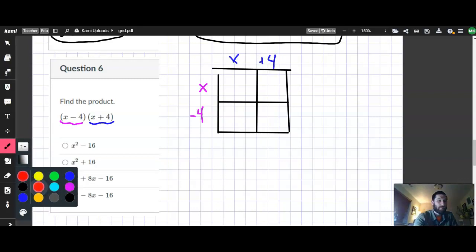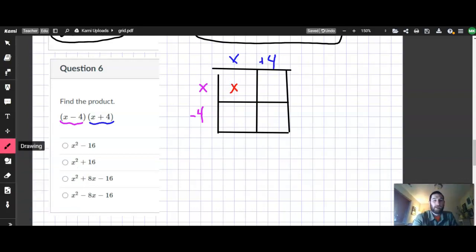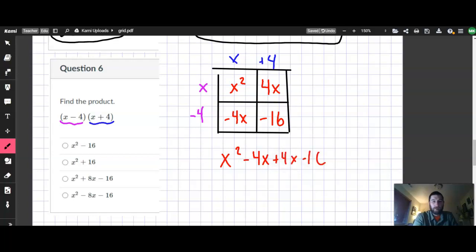And so x times x is x squared. x times negative 4 is negative 4x. Positive 4 times x is positive 4x. And positive 4 times negative 4 is negative 16. Ladies and gentlemen, when you put all this together, you get x squared minus 4x plus 4x minus 16.